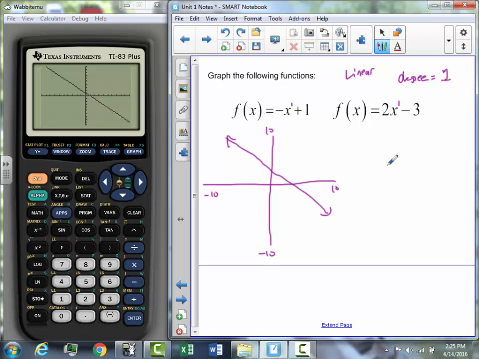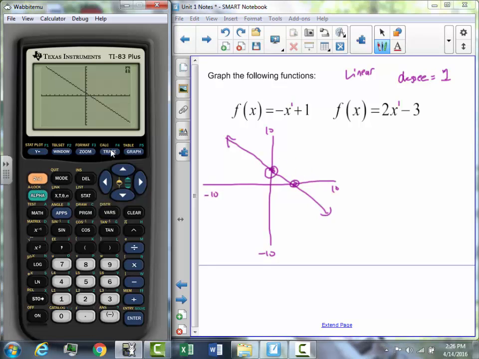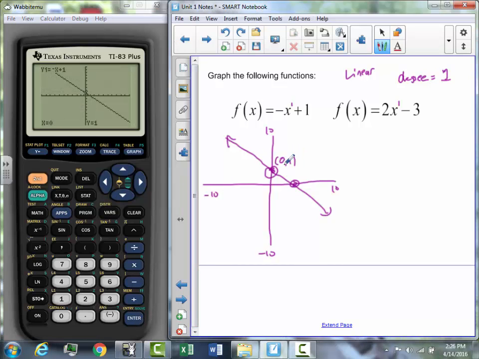Okay, key points. What sort of key points do we have to look for here? X and Y intercepts, it looks like. So, hopefully by now you're fairly fluent in your calculator. You know how to do that. So if you're not, let's do it again. Second calculate the value when x equals 0. That'll tell you that your y-intercept's at 0 and 1.